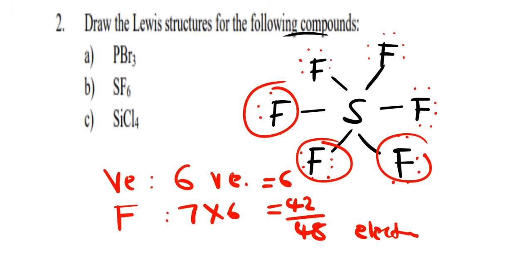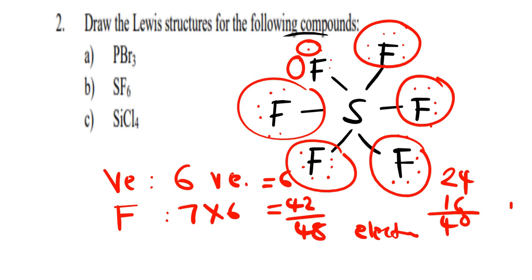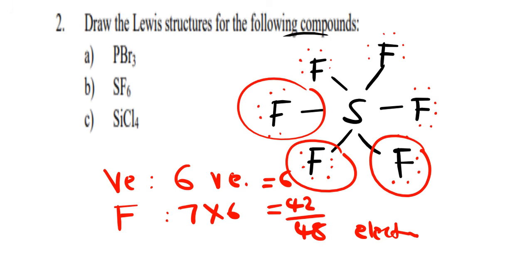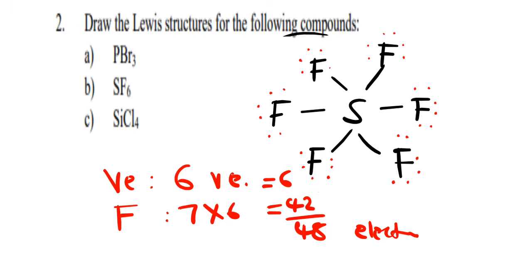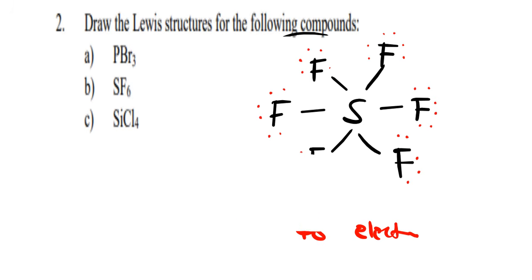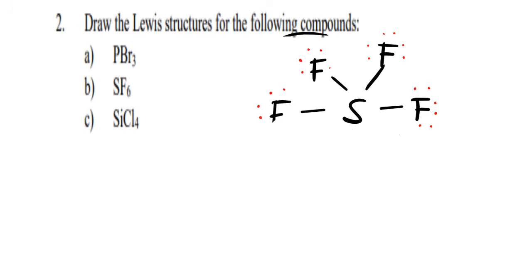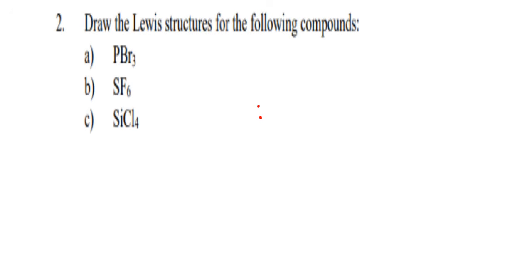Okay, that is 8, 8, and another 2, 3, 4, 5, 6, 7, 8. Okay, so it balances. So all of them are going to be used up. No lone pair, nothing. So this is how we're going to solve, and that would be the structure for our sulfur hexafluoride.